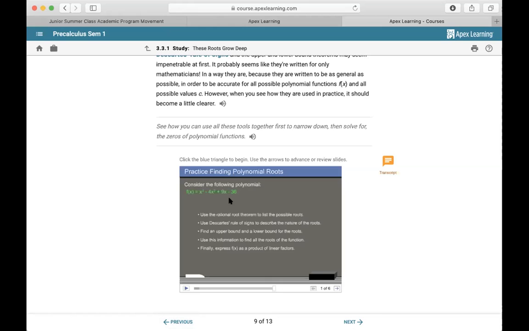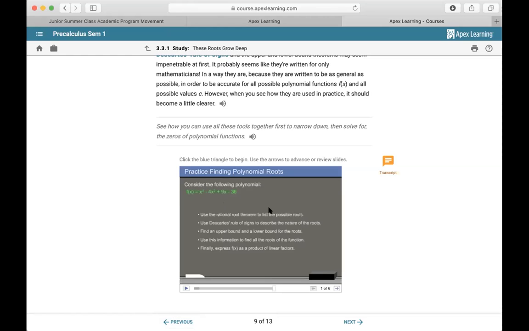We look for how many times it changes signs, negative to positive, positive to negative. For f of x, this one changed 3 times, so we could have up to 3 positive real roots.